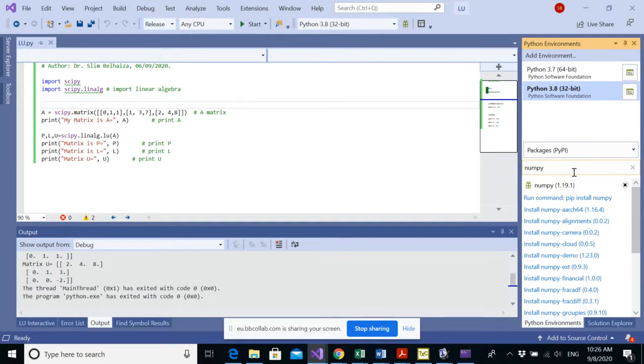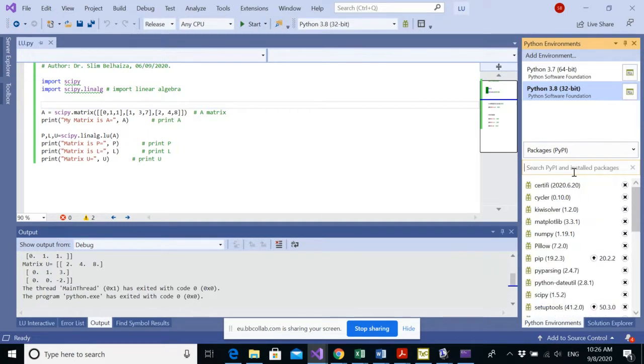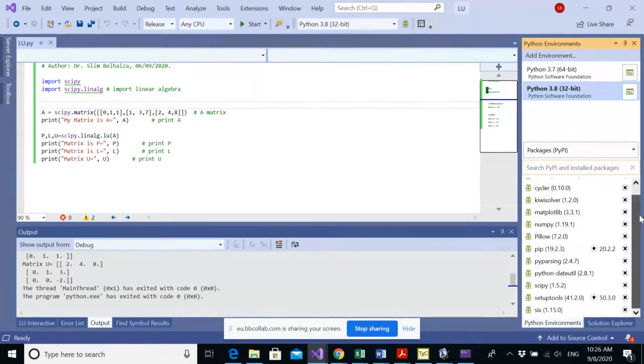You have to look for it here. You have a kind of browsing window where you can look for packages. You should have it. Okay, you see SciPy appears down. You have the possibility to see all the available packages if you wish.